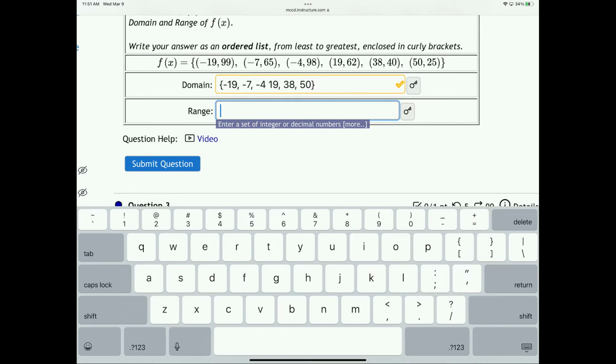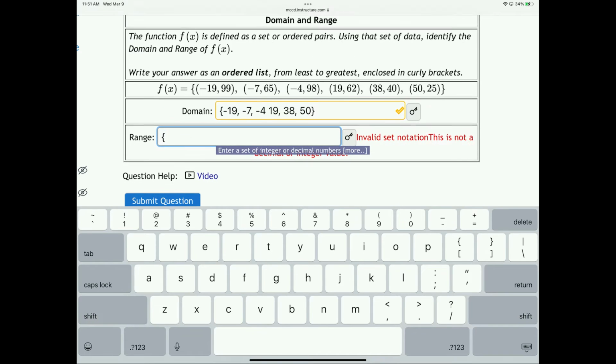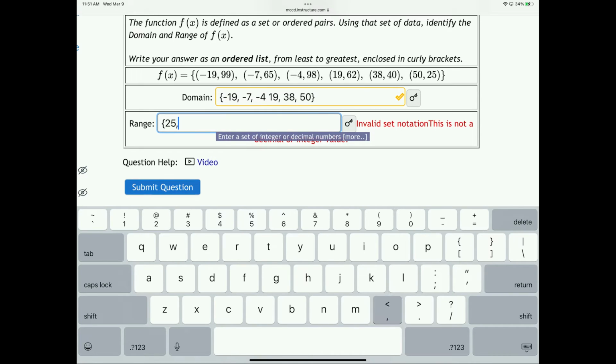Okay, I'm gonna try this again. I'm gonna try this one. Ordered list, least to greatest, curly brackets. So all of the y values, we need to list them least to greatest. So I think the smallest y value is 25 from the 50, 25.